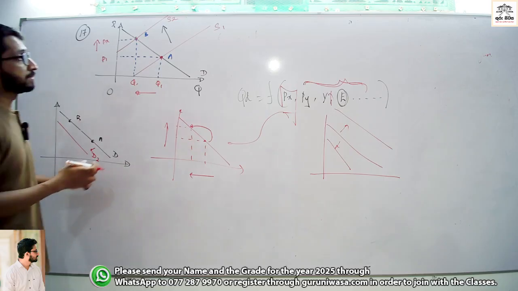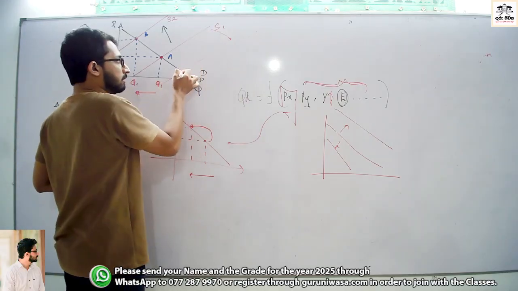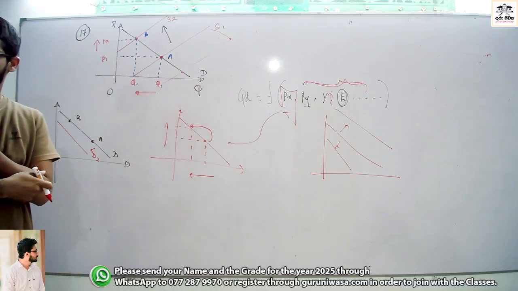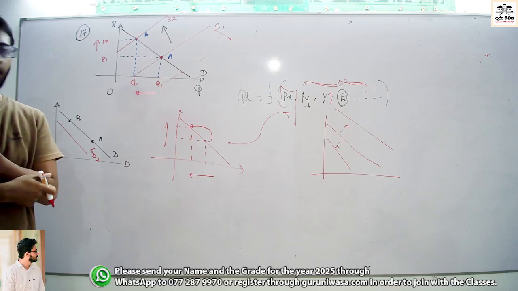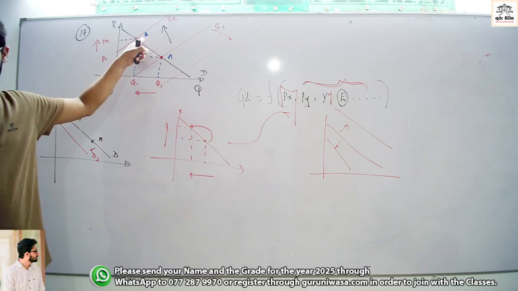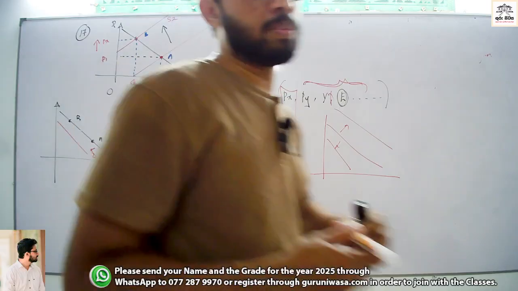If the supply curve shifts to the right side, it goes like this from here to here, then the equilibrium price will decrease, right? So an increase in supply won't cause point A to move towards point B. Clear? Right? So the most appropriate answer is now.